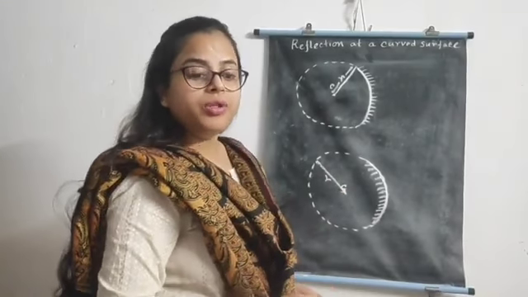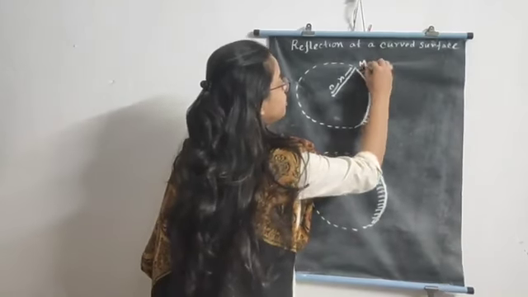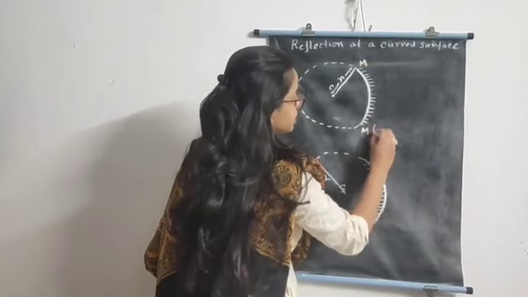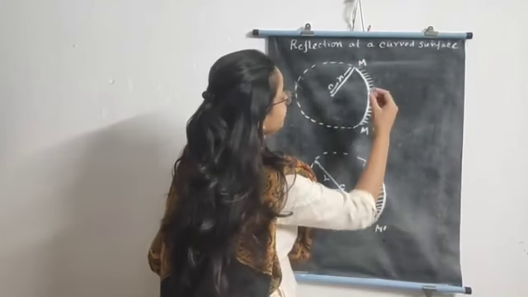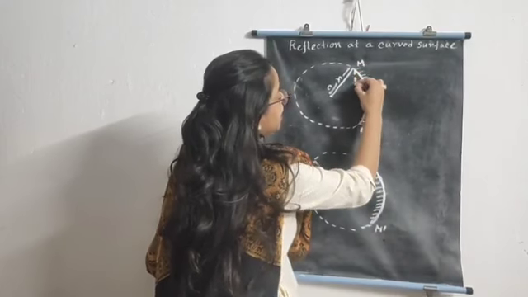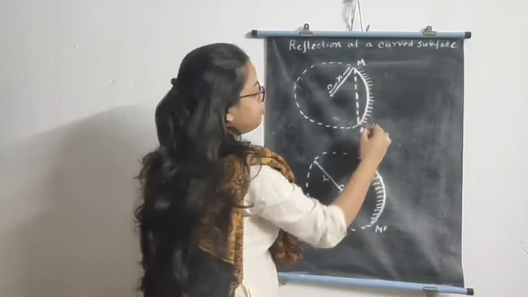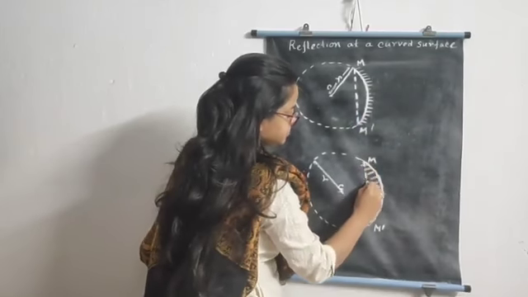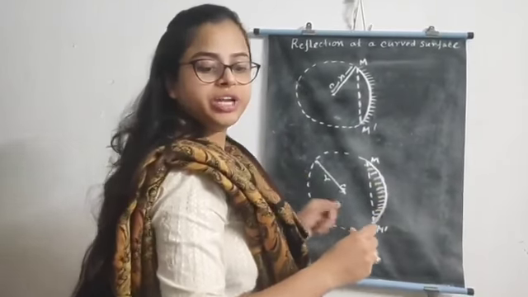Now, what is aperture? Here, if we name the mirror M dashed, M dashed, now the aperture is the straight line M dashed. Let's come to the definition.